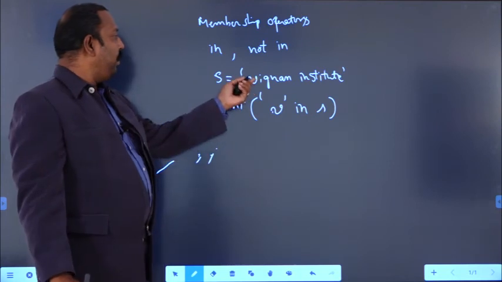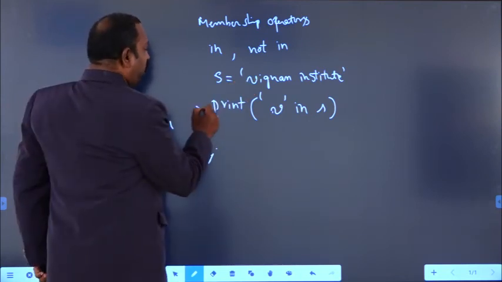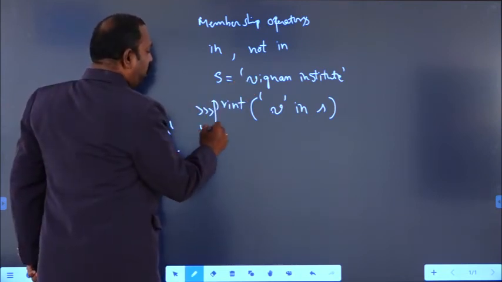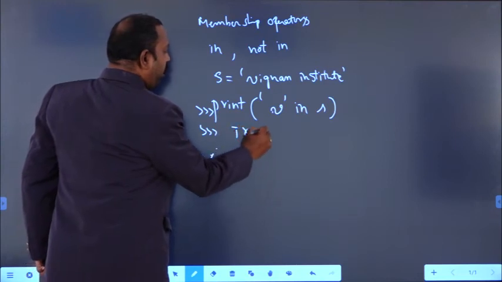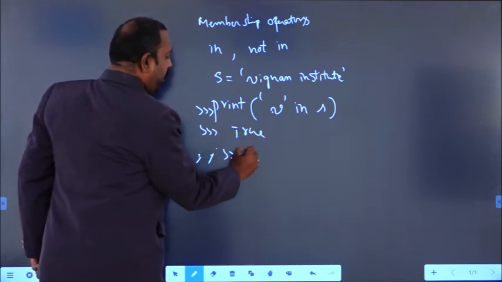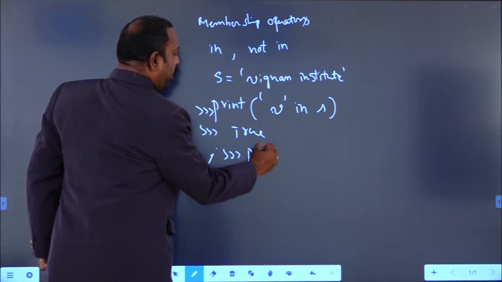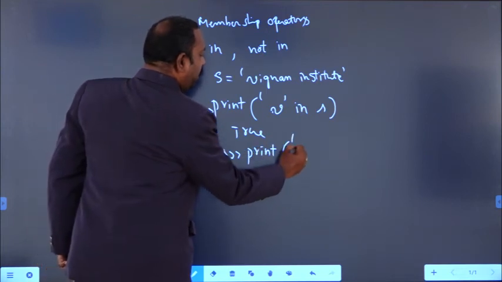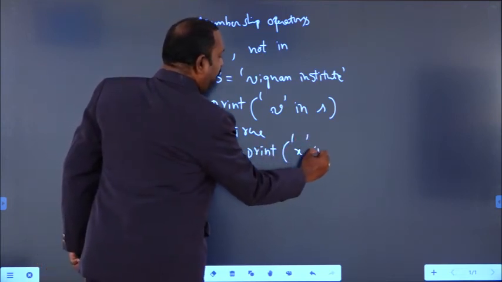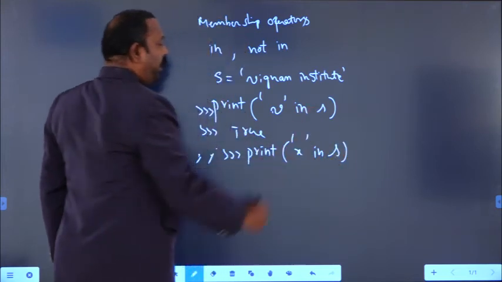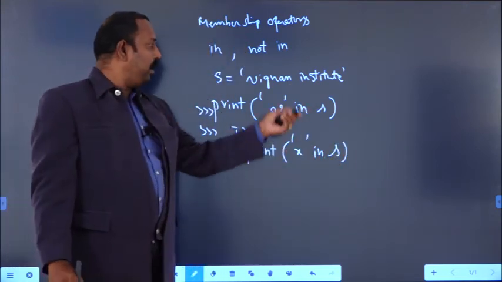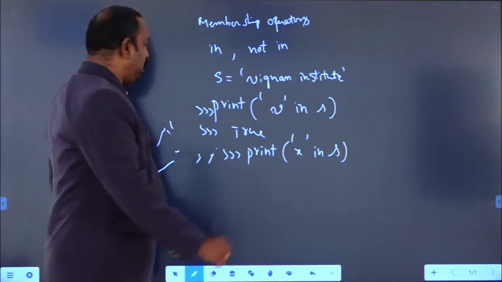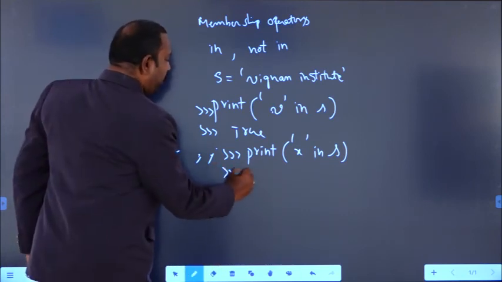V is available in S, that's why you will get the output true. Suppose I write print X in S. X is a character that is not available in S, that's why you will get the output false.